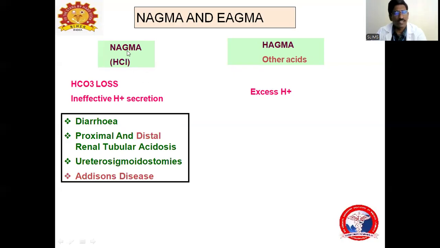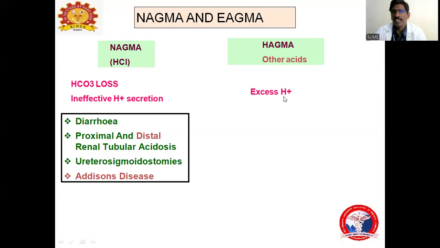So where will you get normal anion gap metabolic acidosis? Either it could be a bicarbonate loss or an ineffective hydrogen ion secretion. Bicarbonate loss is common in diarrhea, proximal tubular acidosis, and ureterosigmoid ostomies. But in distal renal tubular acidosis and Addison's disease, there is ineffective hydrogen ion secretion.